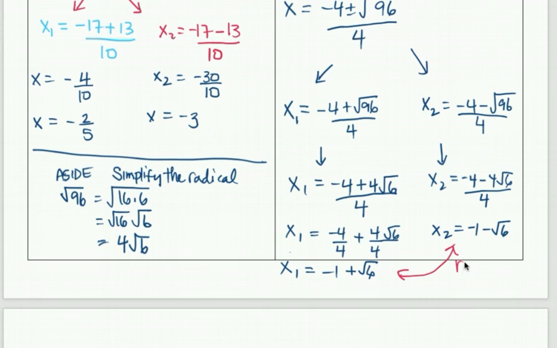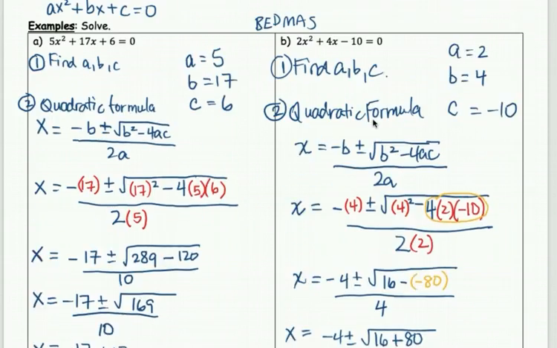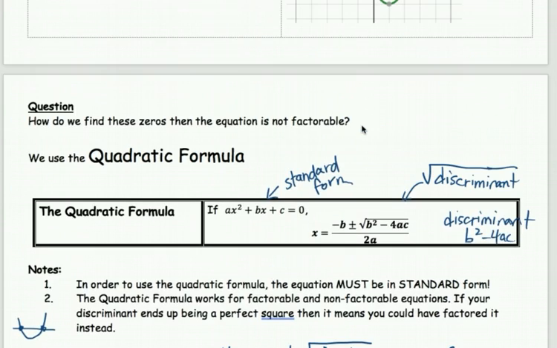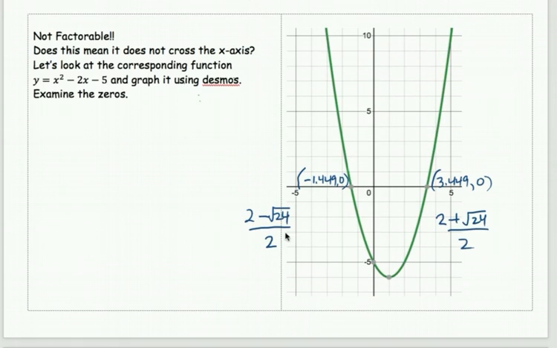And so what you're going to find if you graph it in Desmos, you're going to end up with those non-terminating decimals here, okay? And that's why the quadratic formula can find those quadratics where the roots look like this, decimals that go on forever.